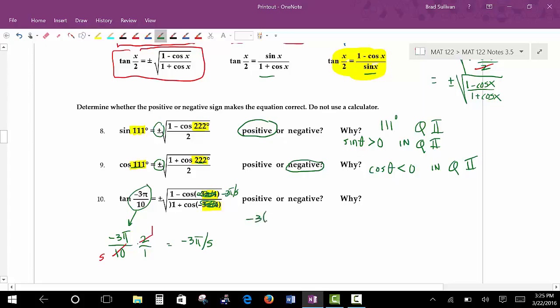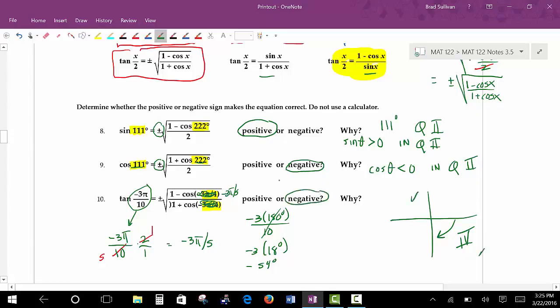Well, the thing on this is if you look at this angle right here, if you change the pi to 180 degrees, of course, that's going to give negative 3 times 180 over 10, which is 18, and then 3 times that is negative 54. So this angle is a quadrant 4 angle. It's a clockwise angle since it's negative, and remember the tangent is negative in quadrants 2 and 4.